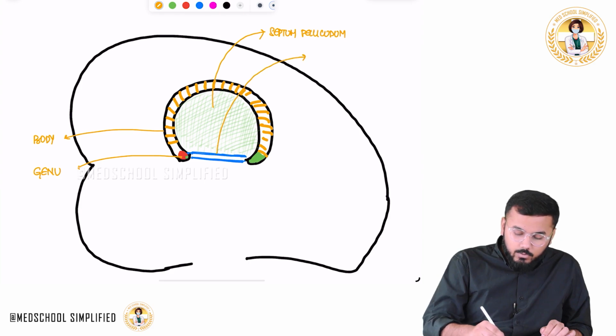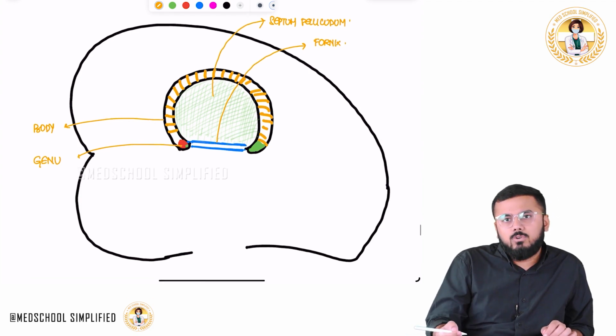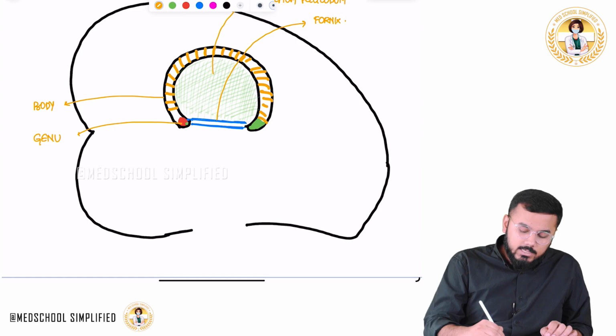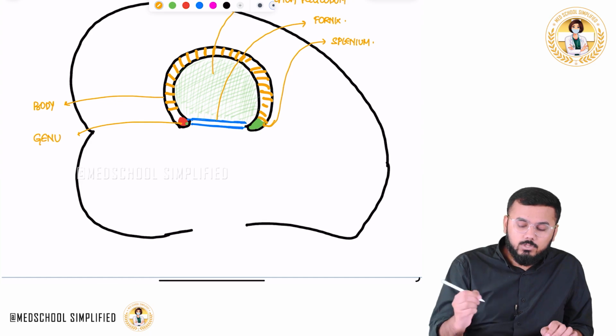And this part over here which you can see is called your fornix. One is the septum pellucidum and the other one is the fornix. And this green color part over here is called your splenium.